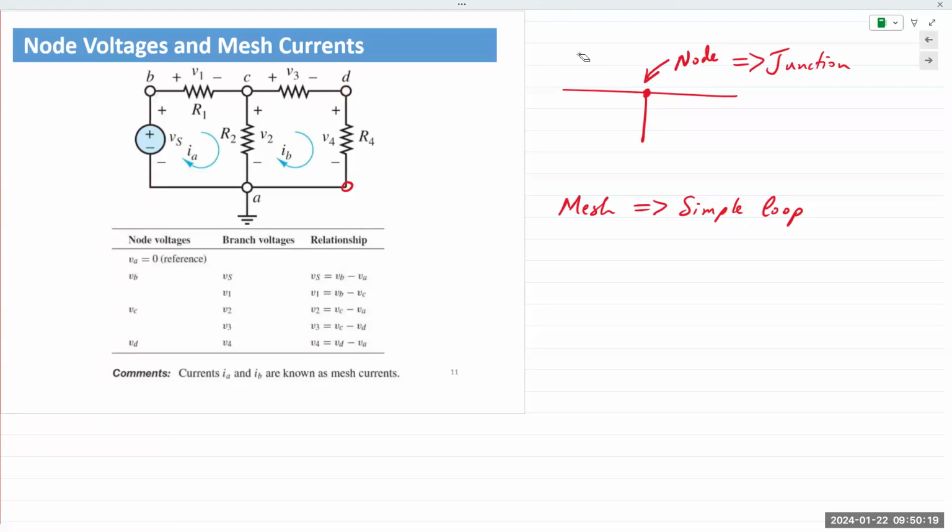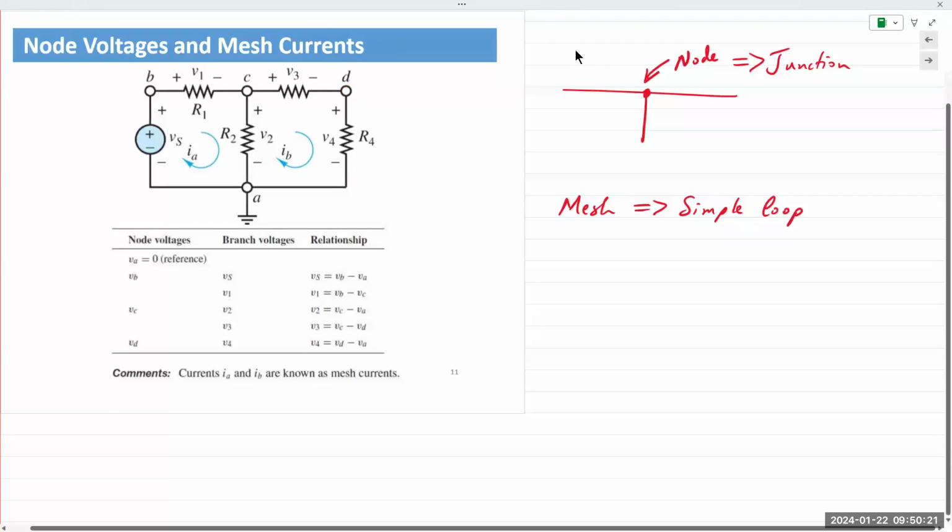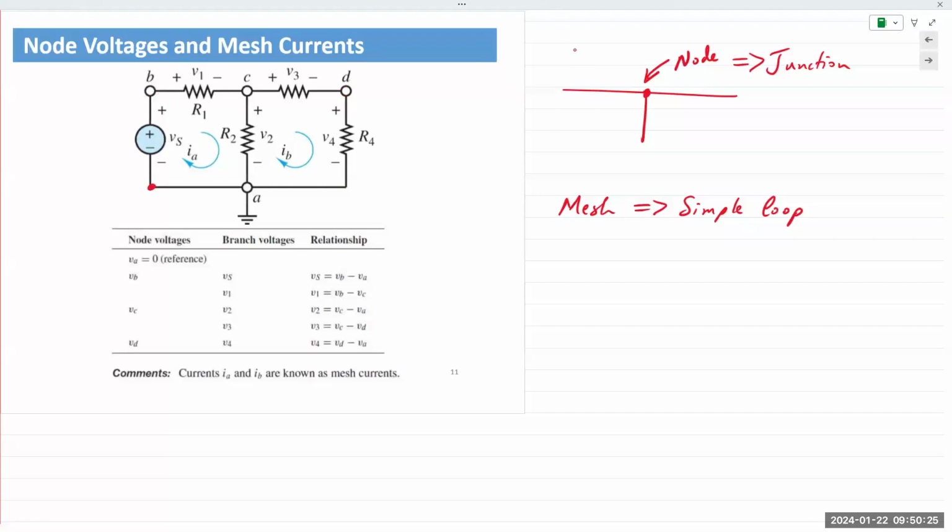So in this example schematic right here, if we start at the bottom left corner, how many possibilities are there for it to come back to the same place? There are two of them, right? We can start here and return back to that same point via this loop or this path. Once you have a closed pathway, that is a loop.